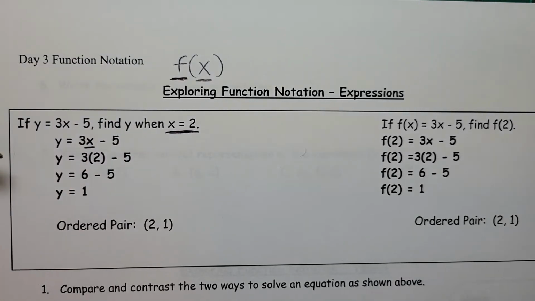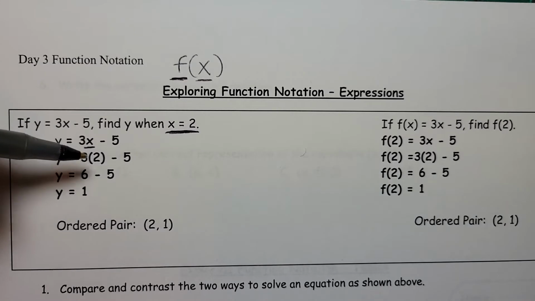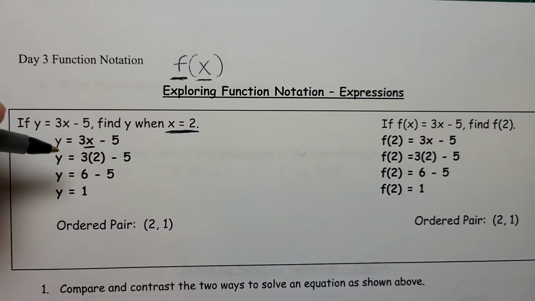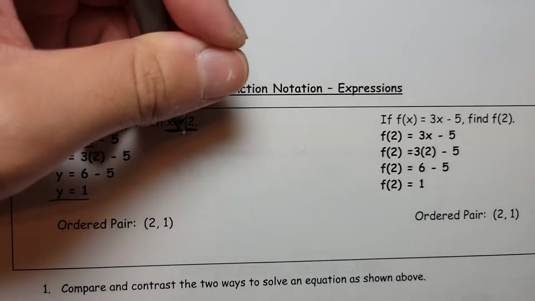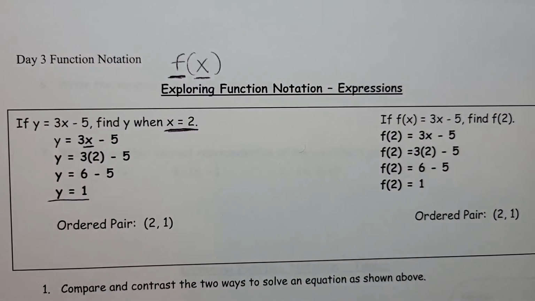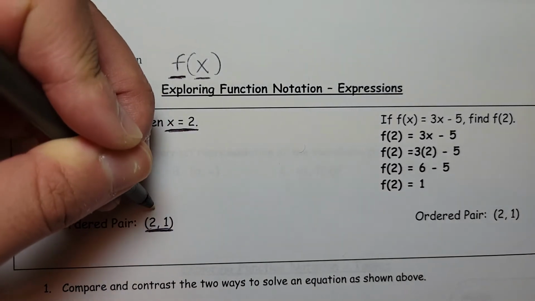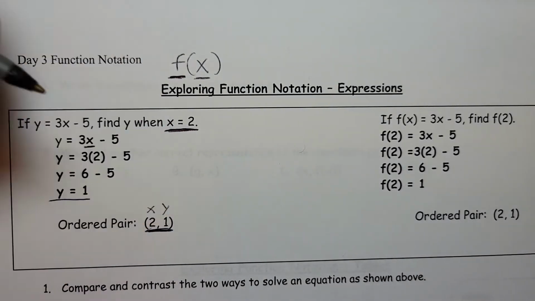So then in our next step, we have y equals 3 times 2 minus 5. From there, we can see 3 times 2 becomes 6. 6 minus 5 becomes 1. So y will equal 1 when x equals 2. And from there, we could put it into our ordered pair right here.